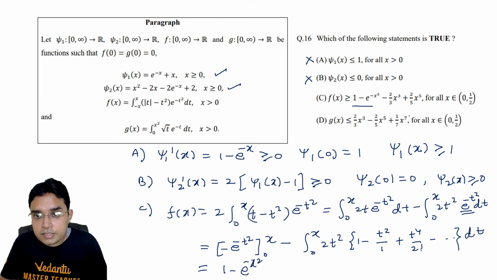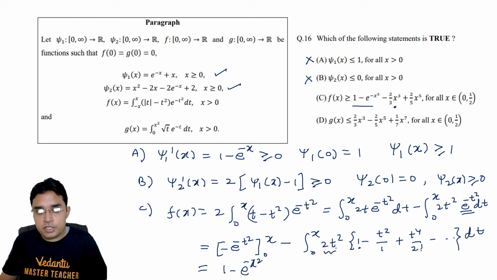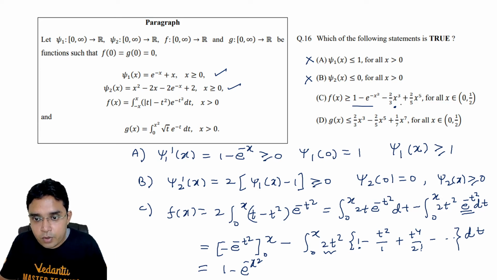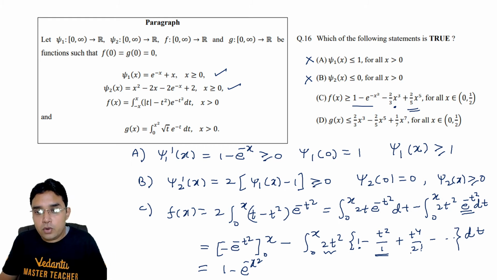Now you can see this term, minus 2 by 3 x cube, we will obtain if we integrate 2t square into 1. It is very easy to see because it will be 2 by 3 t cube, and putting limit 0 to x, this can be obtained. Then if we integrate 2t power 4, we will get this also, which means they have ignored all the terms after this.